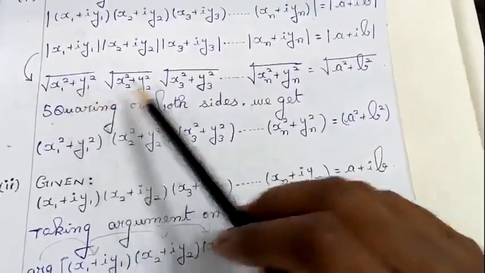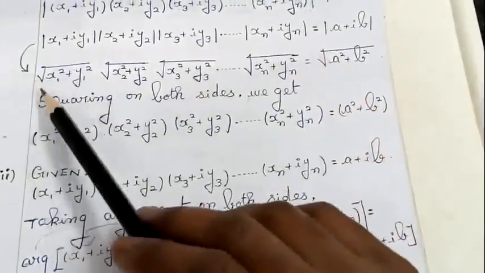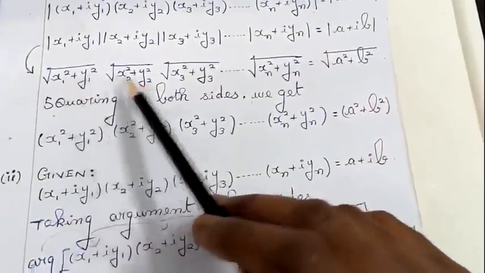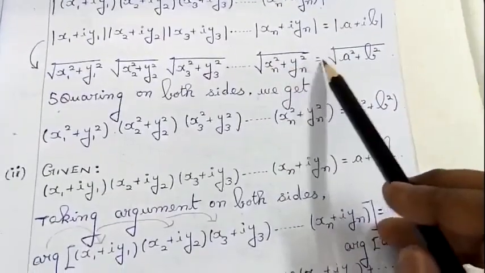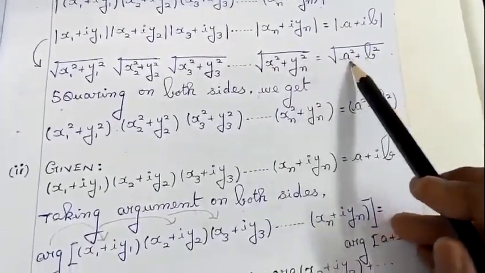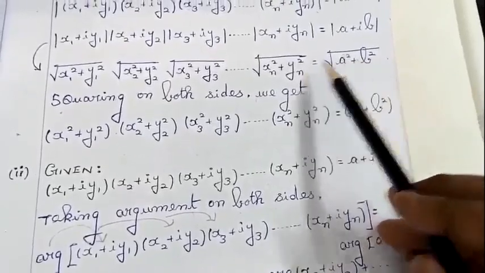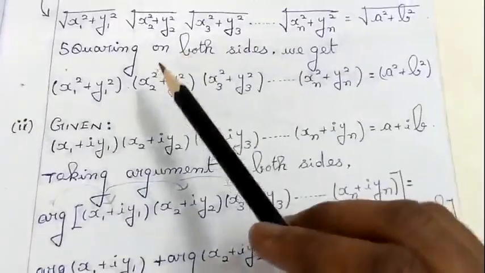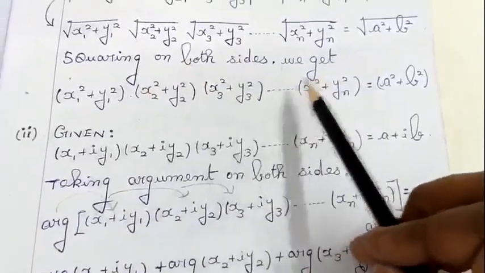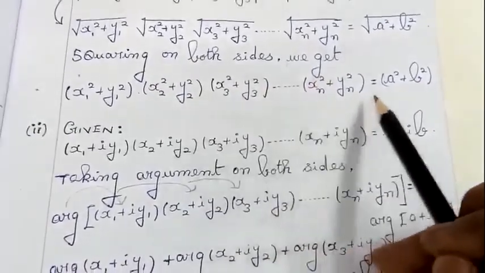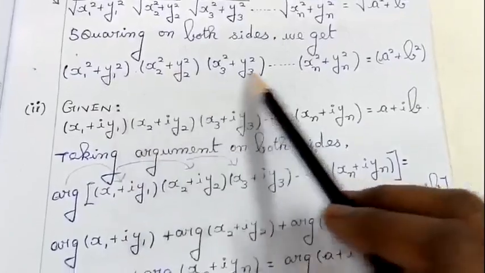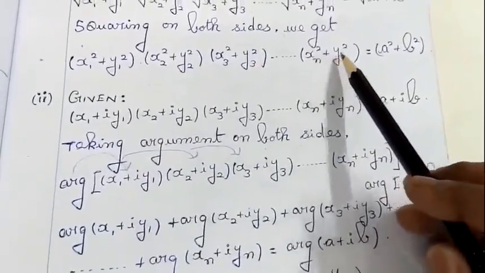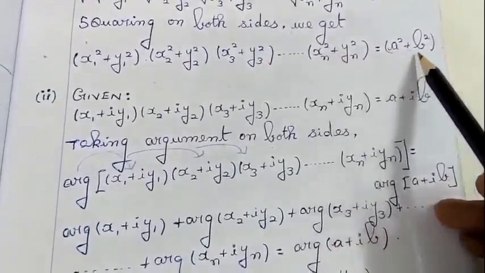After taking the square root, I will be getting it like this: root of x1 square plus y1 square and so on, root of xn square plus yn square, equal to root of a square plus b square. To remove the square roots on both sides, we get the required answer which is given in your first part, that is x1 square plus y1 square and so on till xn square plus yn square equals a square plus b square.